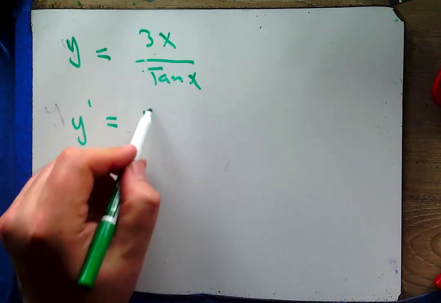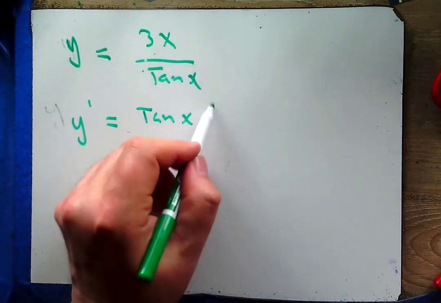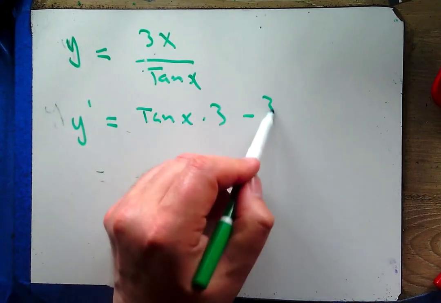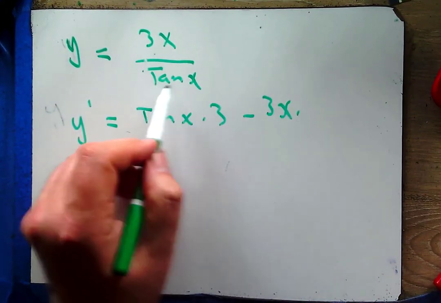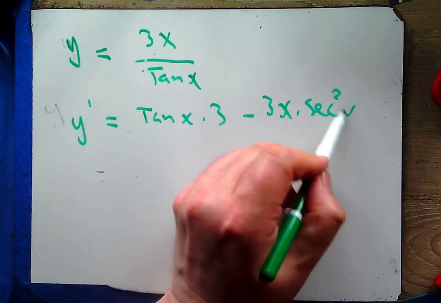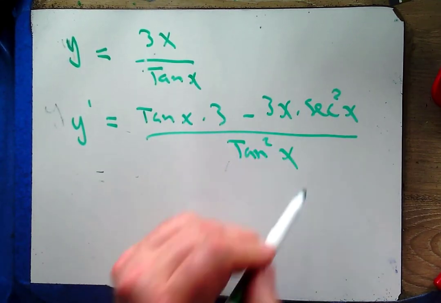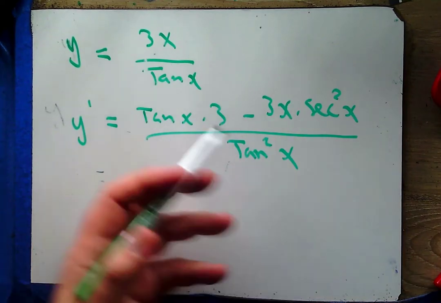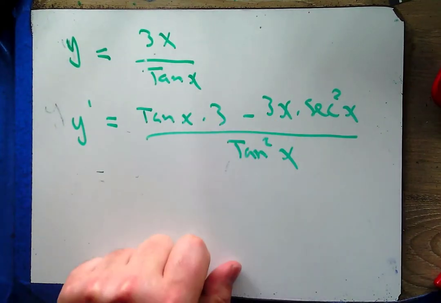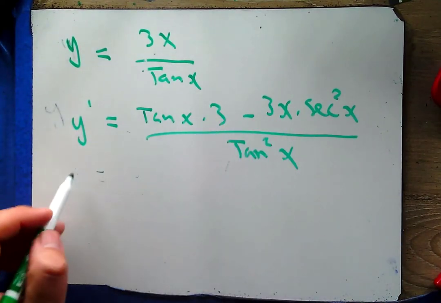So with quotient rule, low d high minus high d low, the derivative of tangent, secant squared, all over low squared. Yeah, all I see to do is pull out that 3, so I'm moving on to the next one.